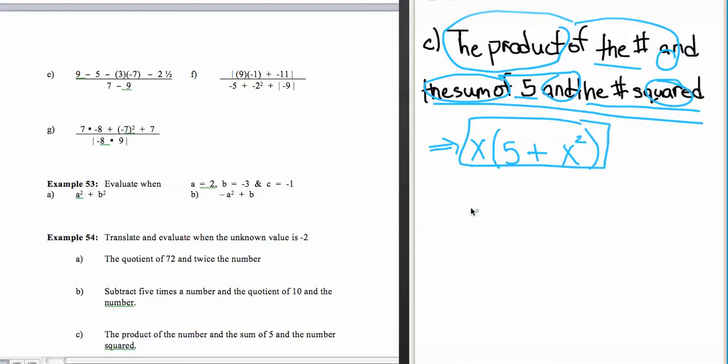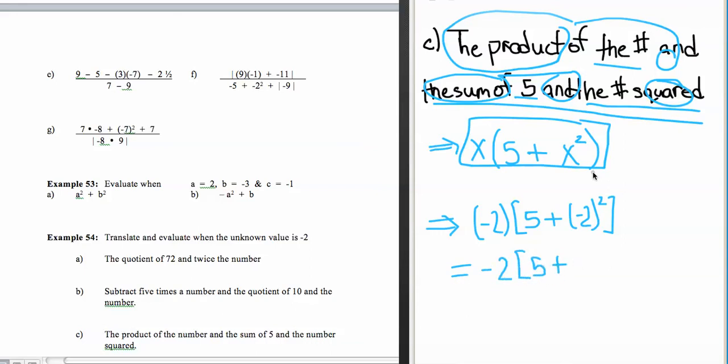And of course, our x was equal to -2, so evaluating that, we have -2, and then we have a 5 plus, and then we have -2 being squared, and then that closes the parentheses. So that says -2 times 5 plus, and this is -2 multiplied by -2, and that's going to give us +4.